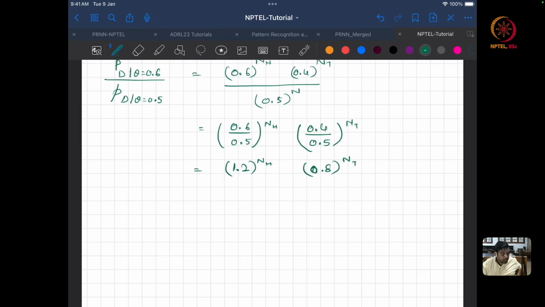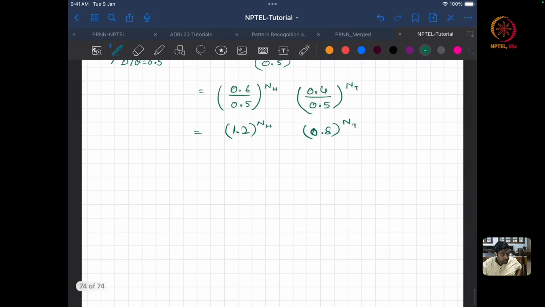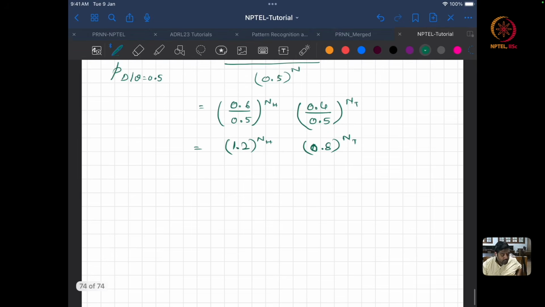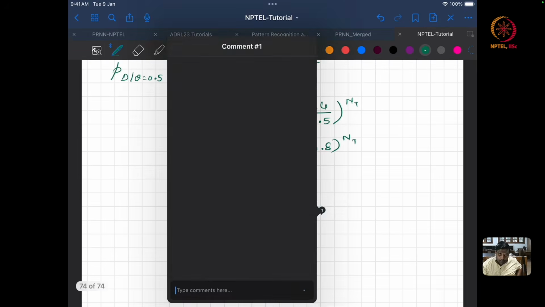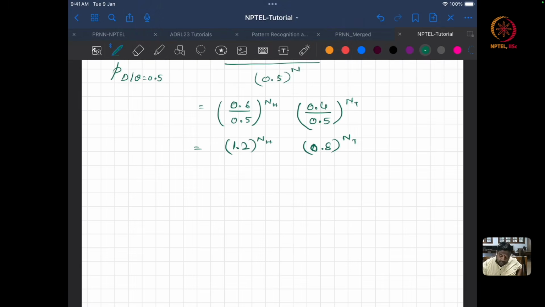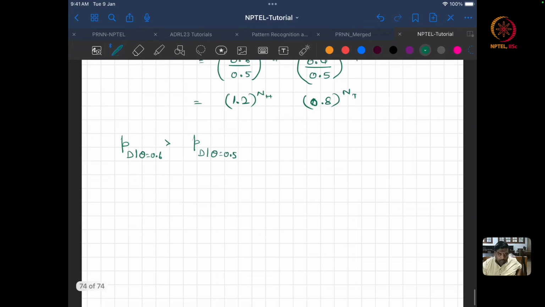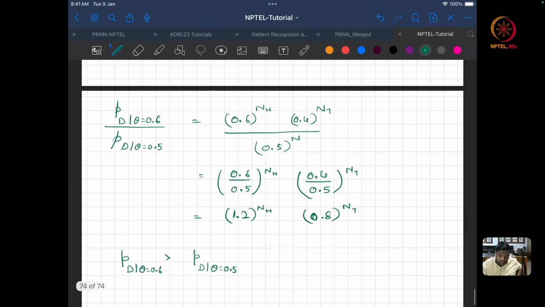Okay. Now, what is the thing that we are looking into? We are saying that P of D given theta equals 0.6 is greater than P of D given theta equals 0.5. Now you can put them together. Now we have this ratio.